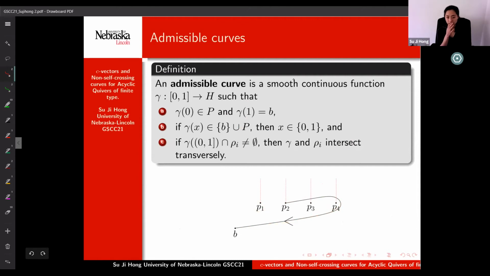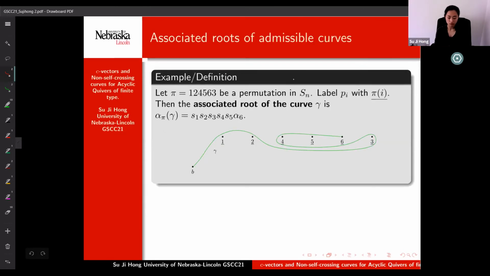So it doesn't cross any of them. And if it's going to cross any of the rays, it's going to intersect transversely. So this is the definition of an admissible curve that Felikson and Tumarkin came up with.